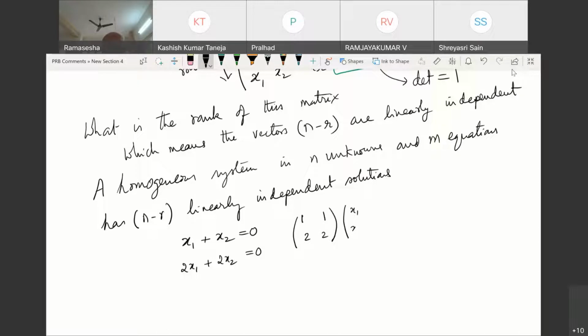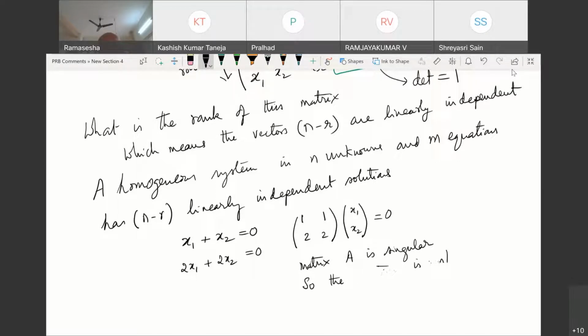Now this is matrix A, right. So the solution is non-trivial. Correct?